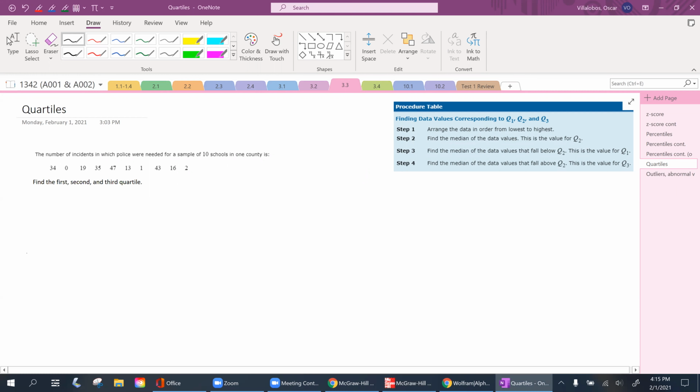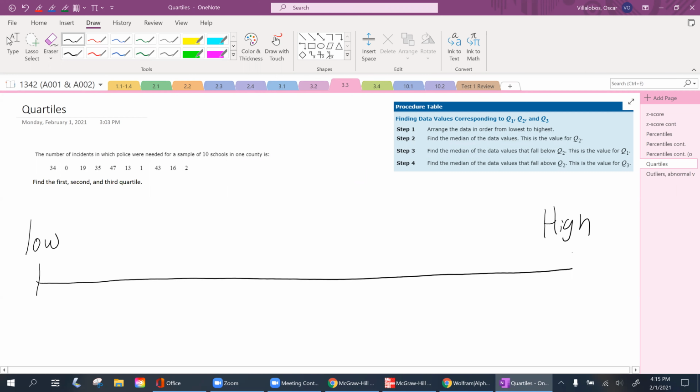The graph should look like your lowest data value, your highest data value, and your mid value. This here is what's known as your Q2. This here is your Q1, which is the average between your lowest and your mid value. And here is your Q3, which is the average between your mid and your high values.